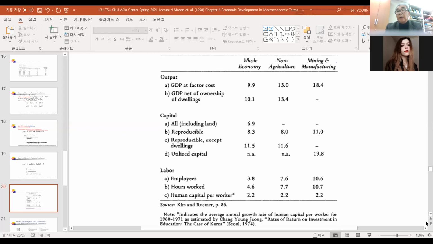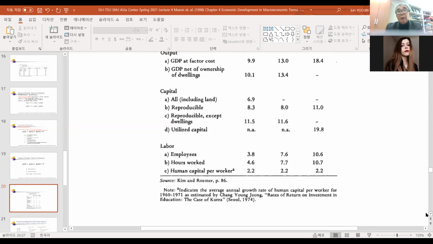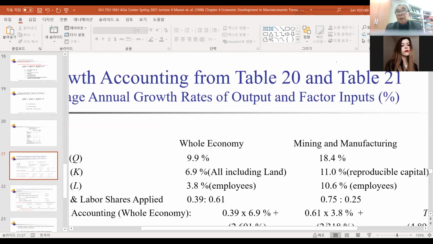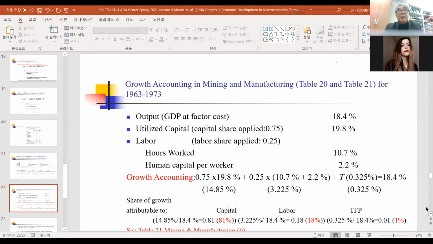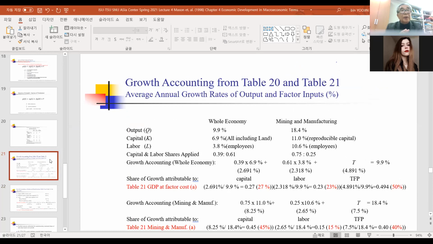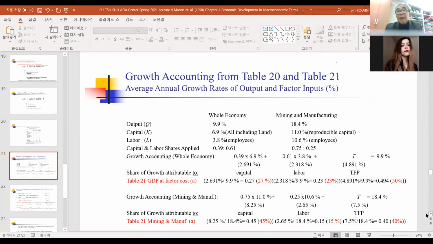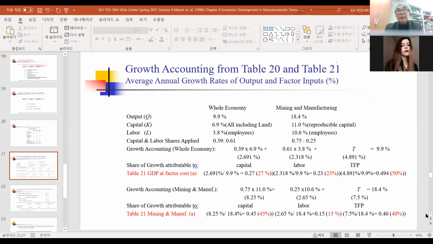Okay. Now, how can we make out of this growth accounting? Okay, this table is very important, right? So let me explain. Now you can understand this table. If I did not explain the theory or little mathematics beforehand, you may not understand. But right now we can understand this.